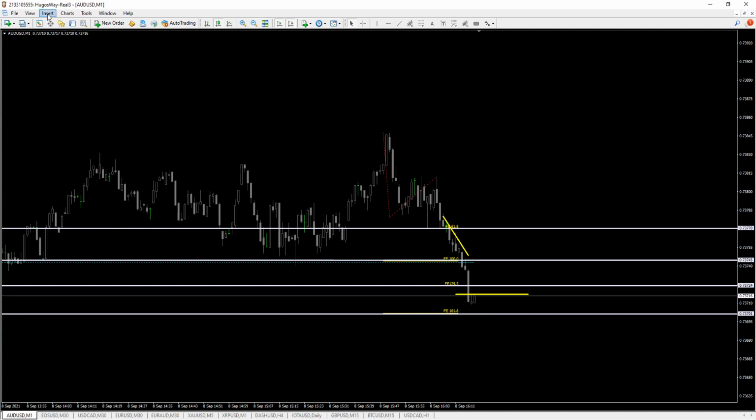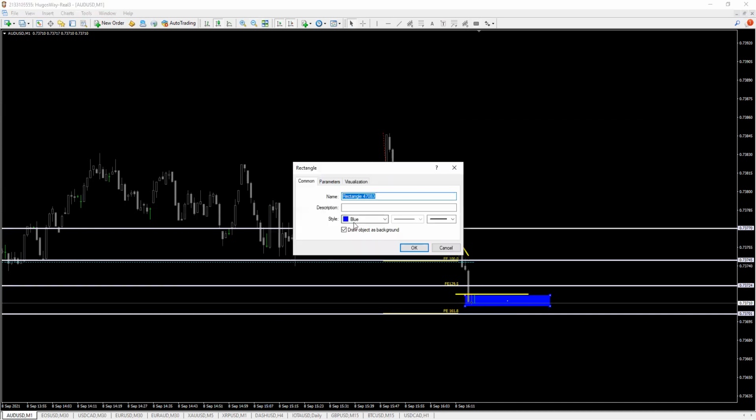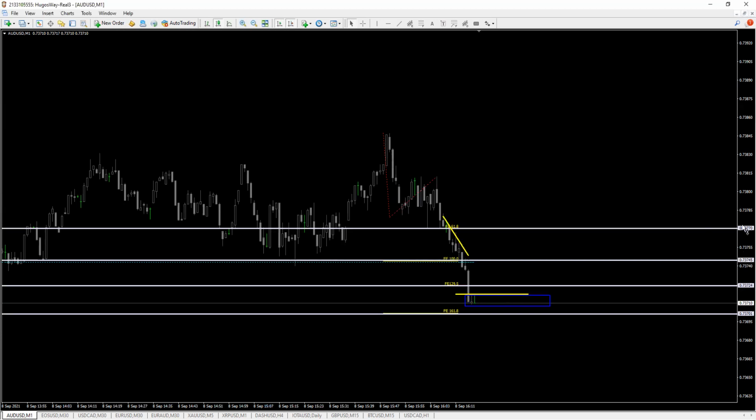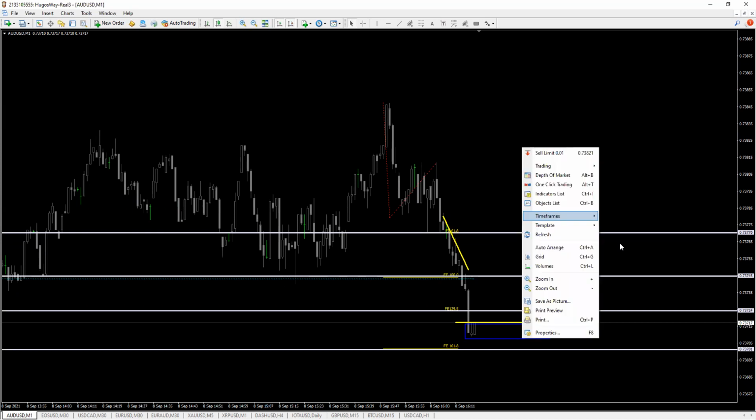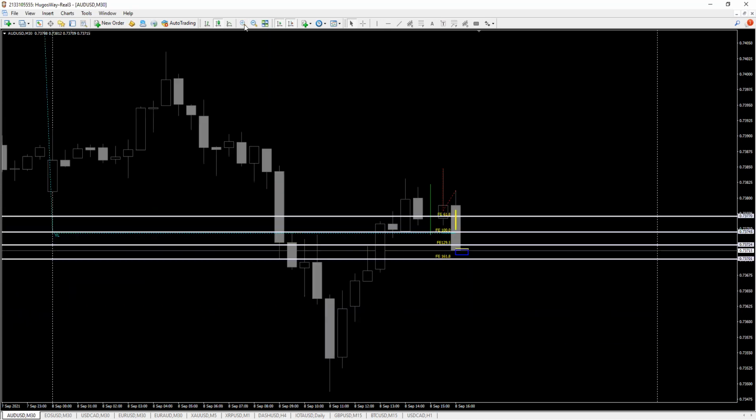So now, as far as this 1 minute is concerned, this is the consolidation range down here. Once this next candle closes, we continue to push on down, which will also close this 30-minute candle here.